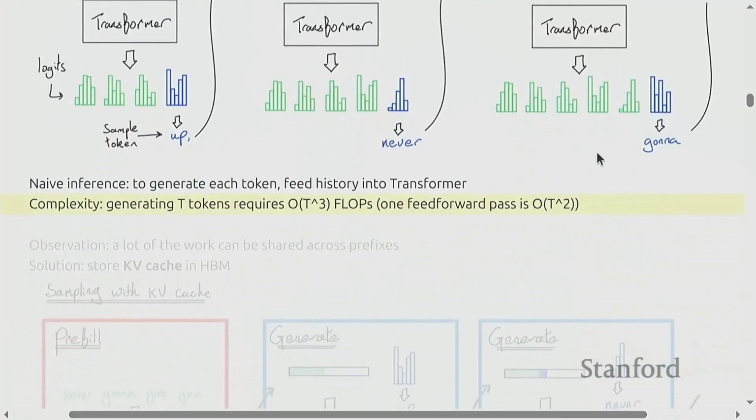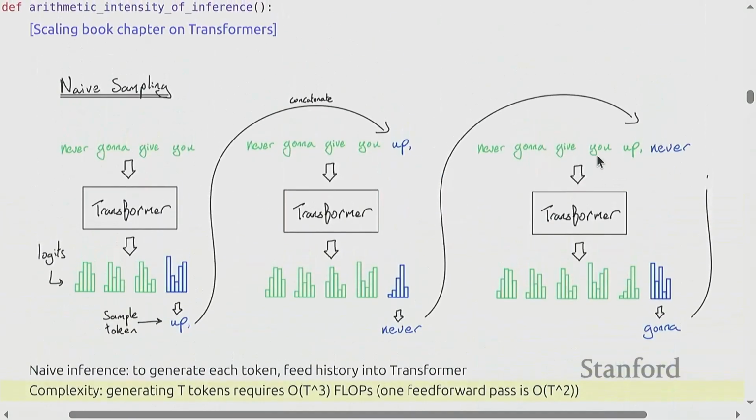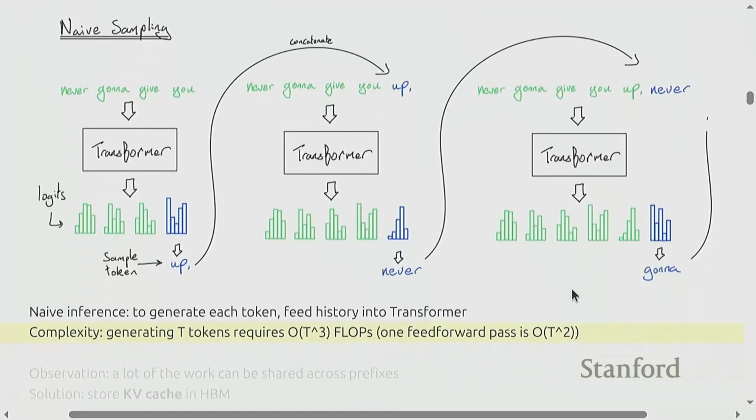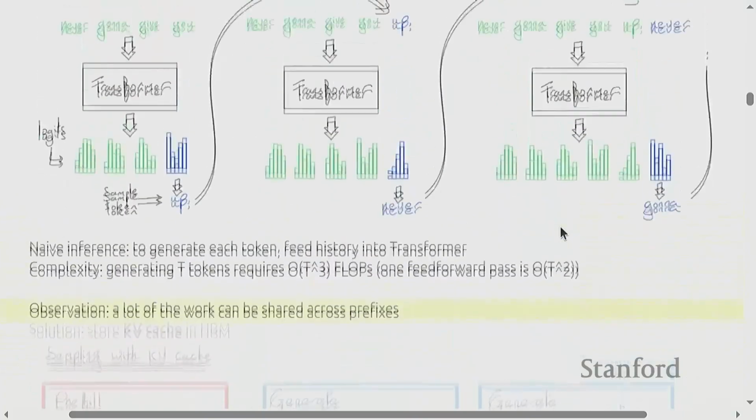And the complexity here is pretty bad because each token you generate is like n squared or t squared computation through the transformer. Okay, so that's no good. But if you look at this closely, you'll notice that you're doing a lot of redundant work.